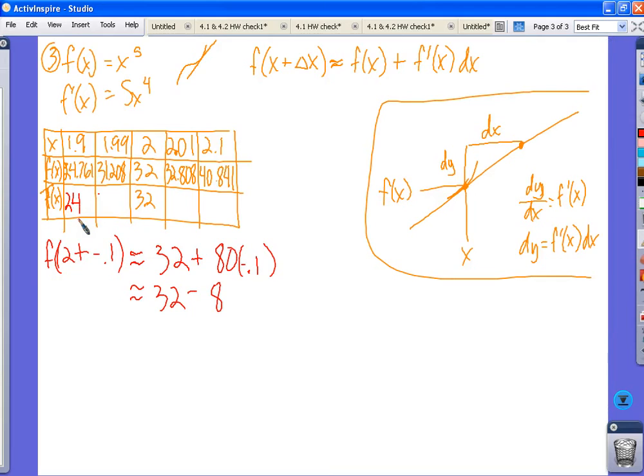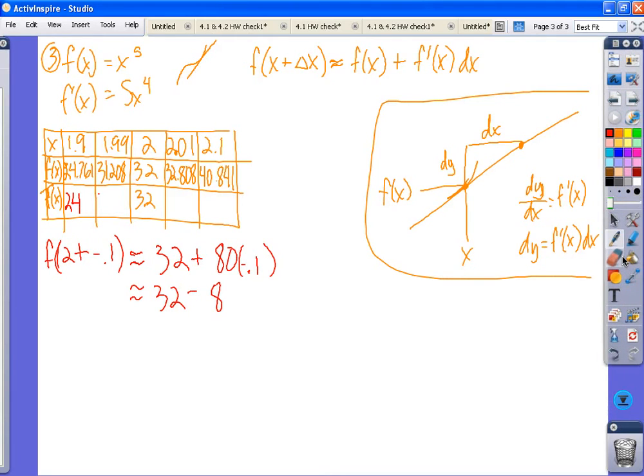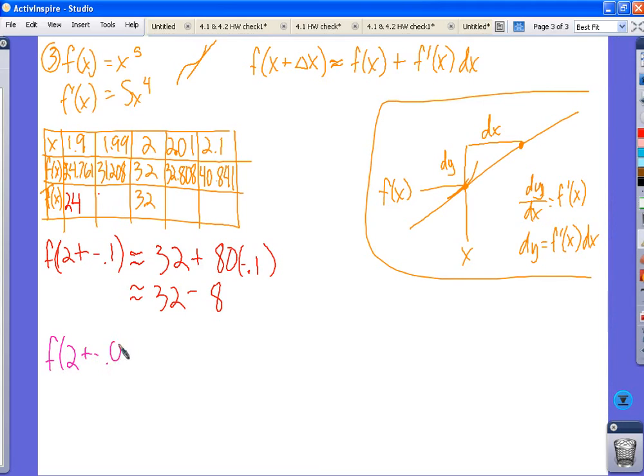So that's a little bit off. That's pretty off. It's off by 761 thousandths. It's like 3/4 of it. So yeah, that's kind of off. This is still going to be 32.